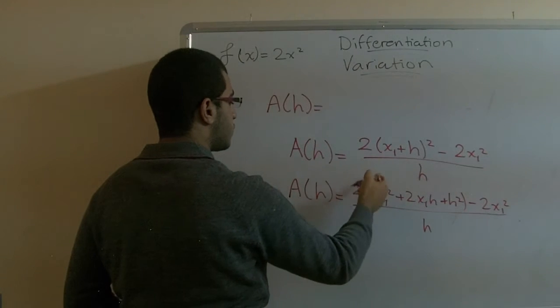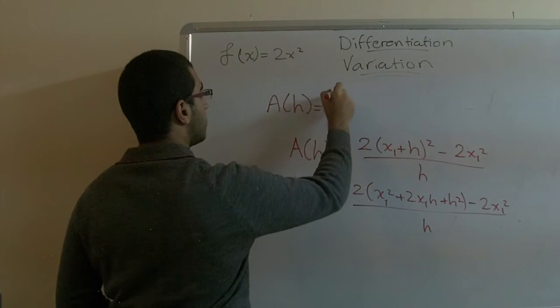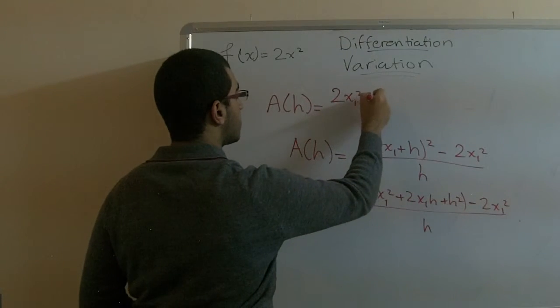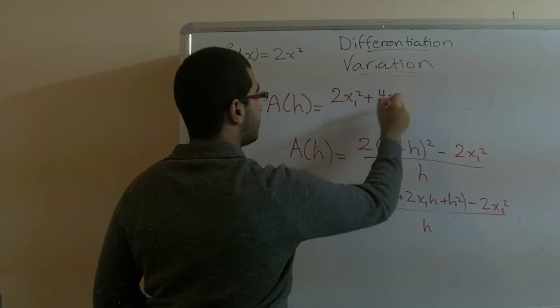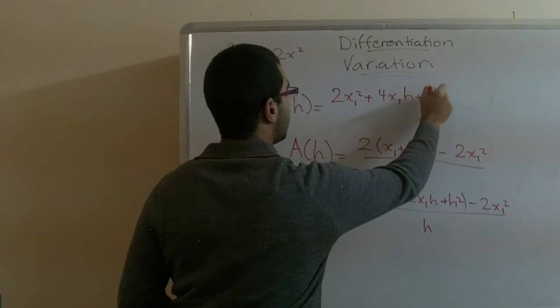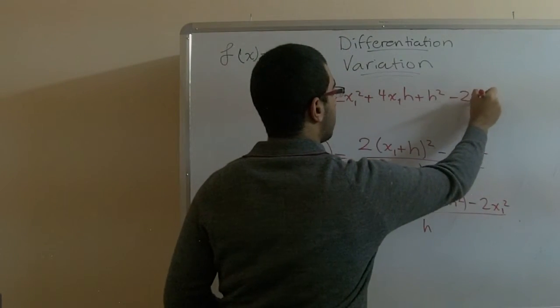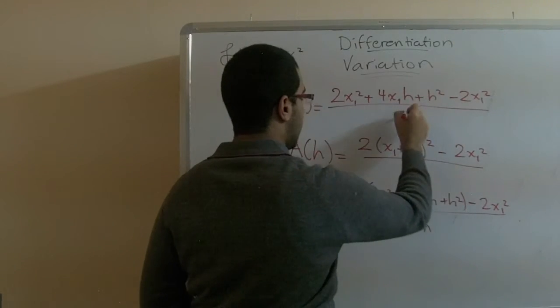We distribute the 2 inside the brackets to get 2x² + 4xh + h² (with the 2 distributed), minus 2x², over h.